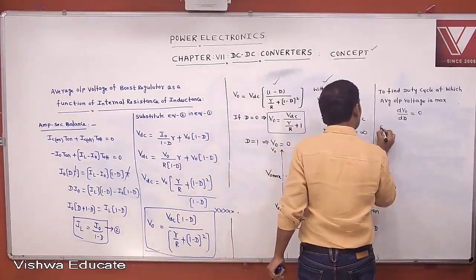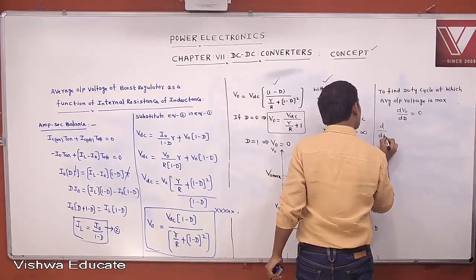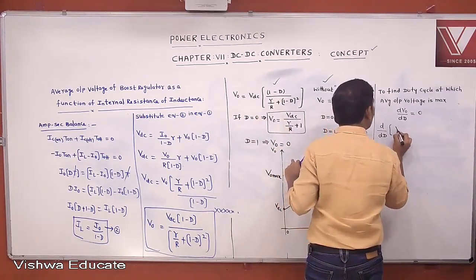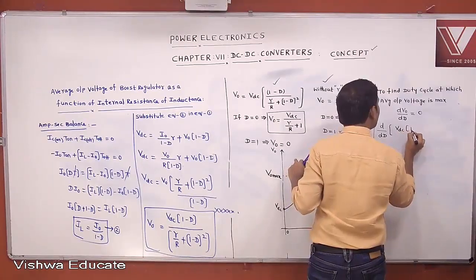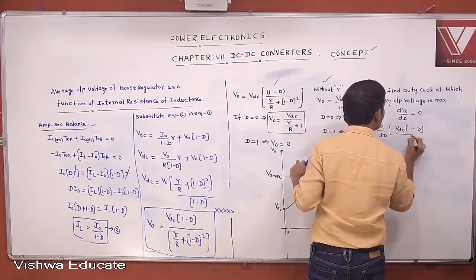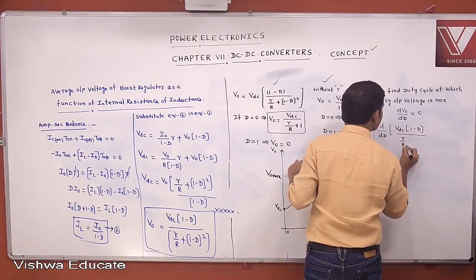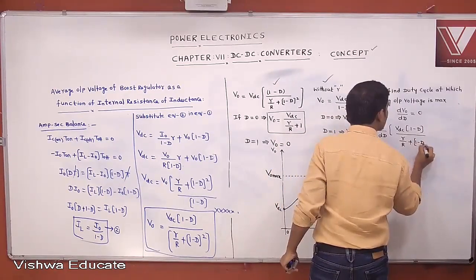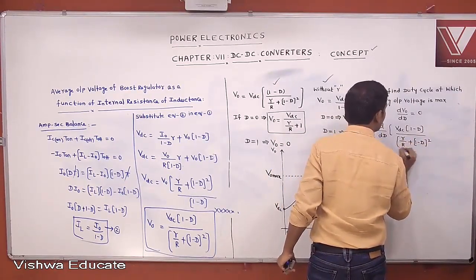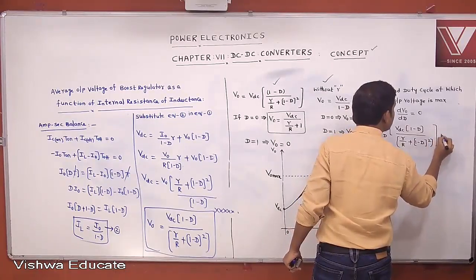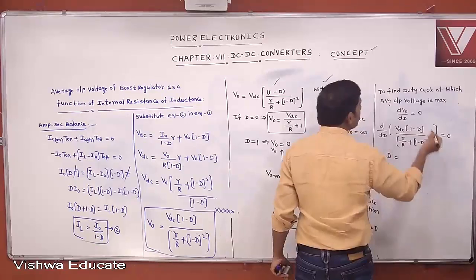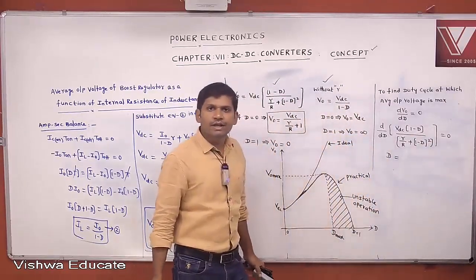Then differentiation of V naught with respect to duty cycle, what is this one? VDC into (1 minus D) by (small r by capital R plus 1 minus D) whole square. Then equate this to 0. Differentiate and equate to 0.